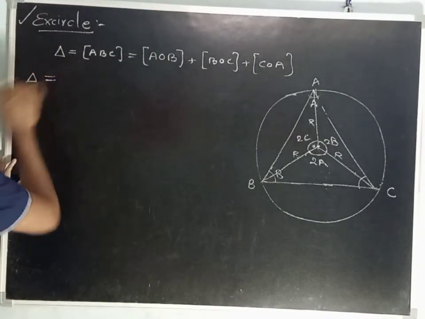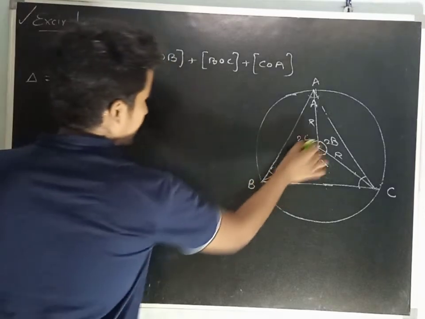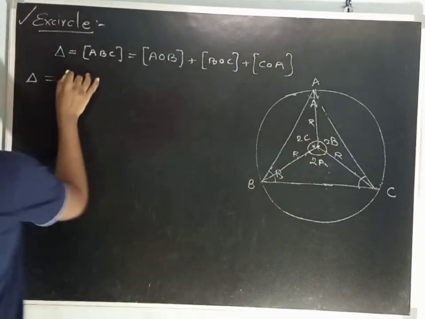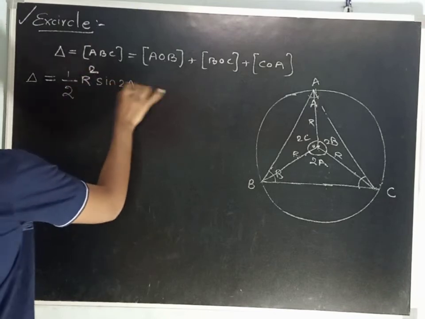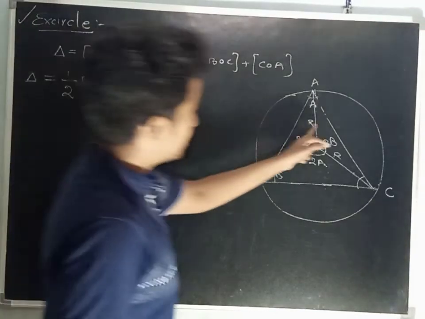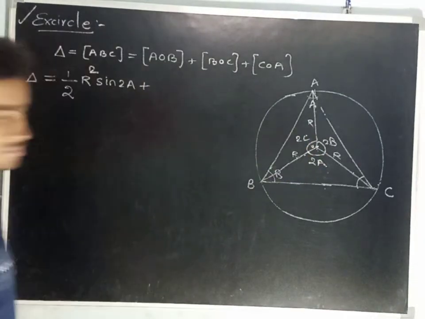Now, area of triangle ABC is area of AOB, half R square sin 2C, using half ab sin C. Right?